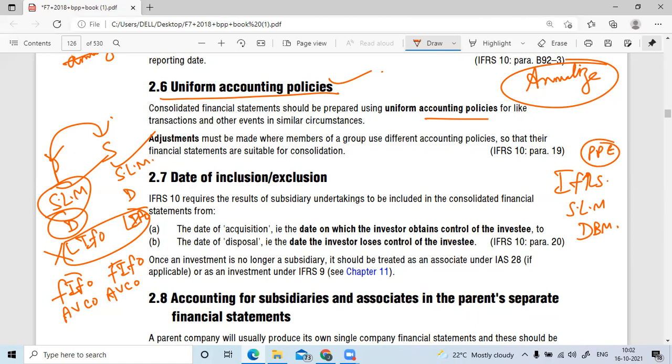No, na. Standard is one. Parent and subsidiary follow the same standard, that is International Accounting Standard 16. But methods they can follow anything, they have the discretion. So what they are saying is go for uniform policies so that consolidation would be easy, comparison would be easy. Understood?